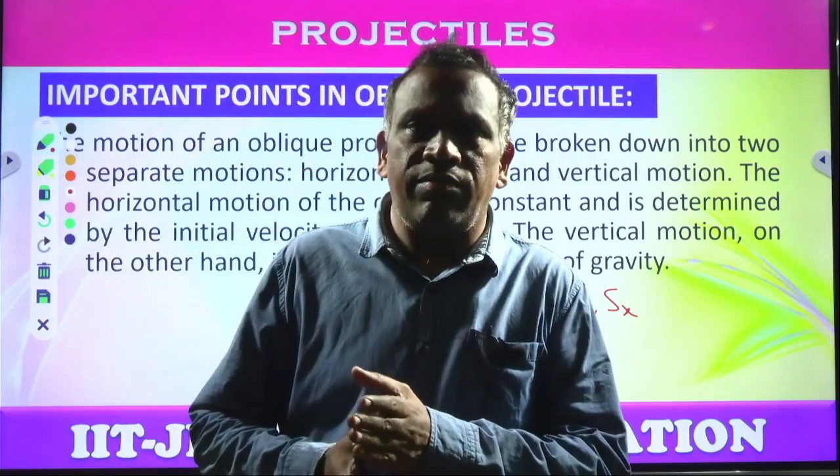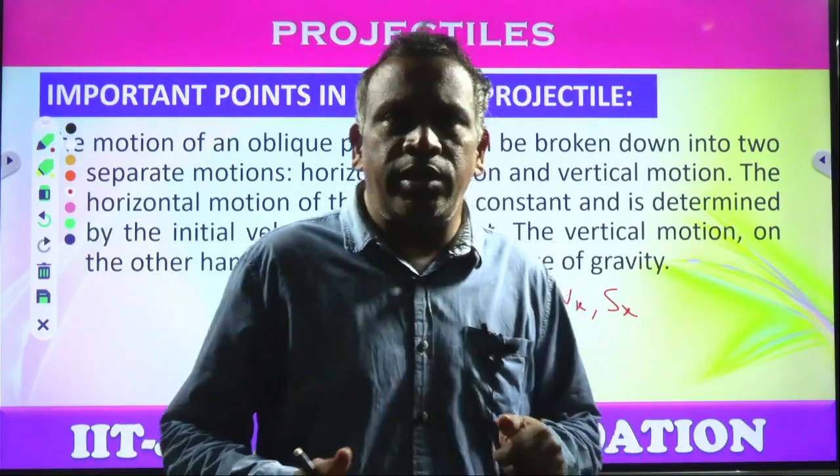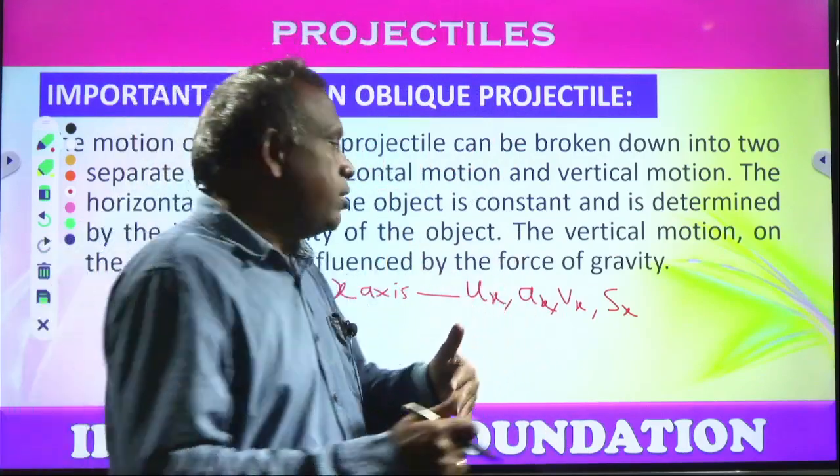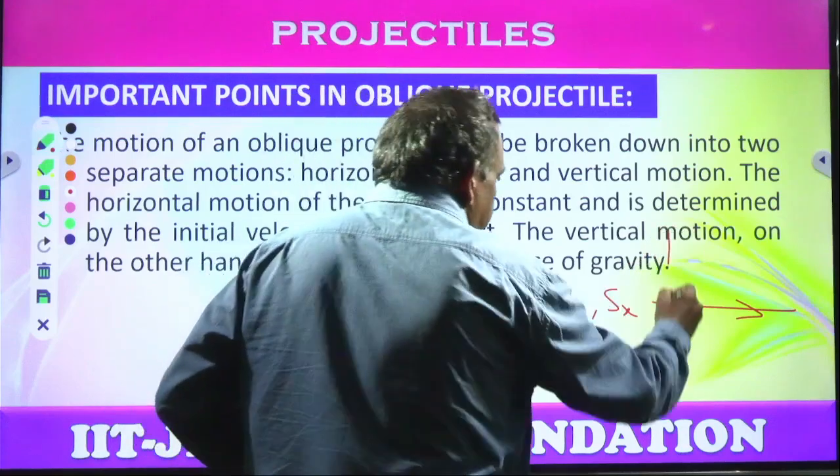Velocity is a vector quantity, and it is resolved into two components. One component is along the horizontal, the x-axis, and the other is along the vertical, the y-axis.